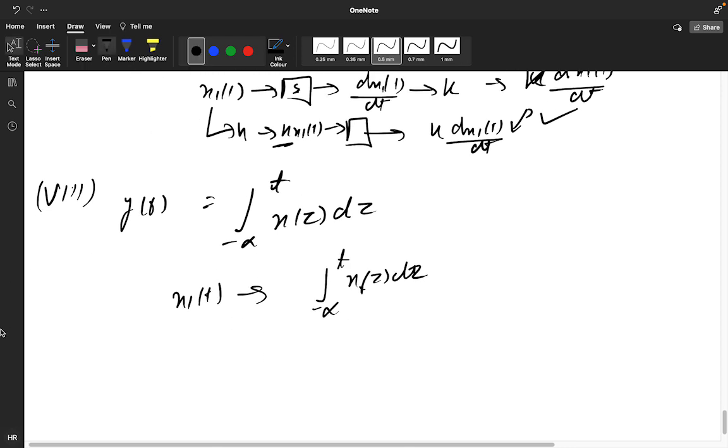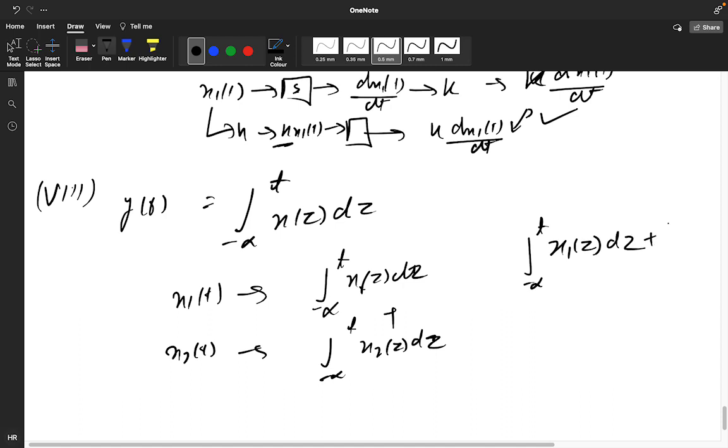Again, if you apply x2 of t, it will integrate from minus infinity to t of x2 of tau d tau. If you add them, you get the integral from minus infinity to t of x1 of tau d tau plus the integral from minus infinity to t of x2 of tau d tau.